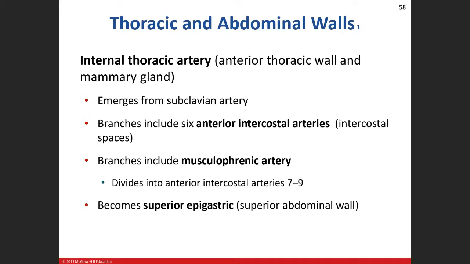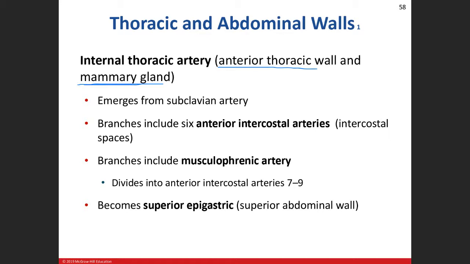All right, so let's move back down here into the thorax and the abdominal region. We're going to talk about this guy right here, the internal thoracic artery. The internal thoracic artery is going to supply the anterior portion of your thoracic wall, so the front part of your rib cage and the sternum and whatnot, and also the mammary glands, okay?